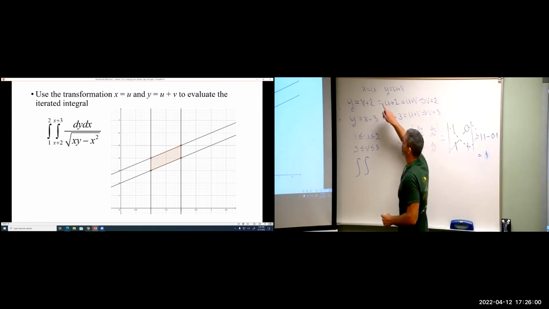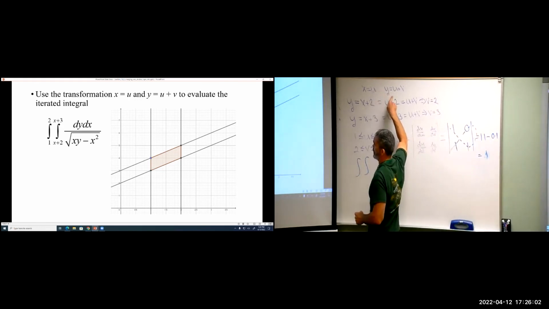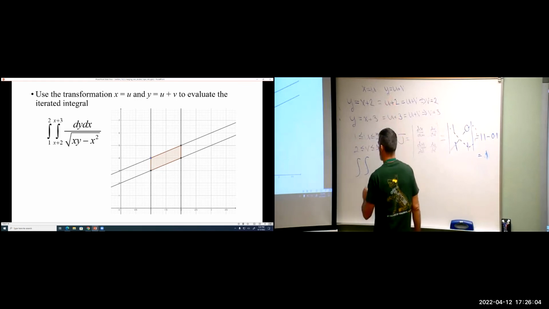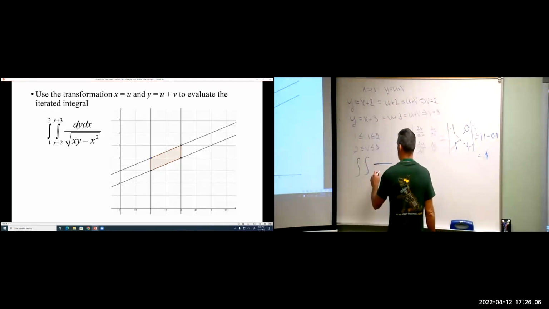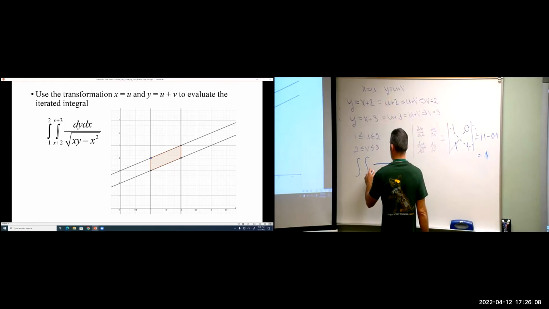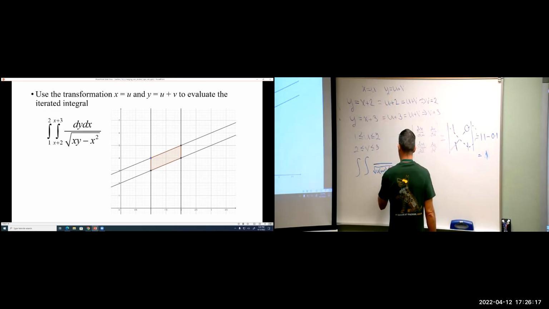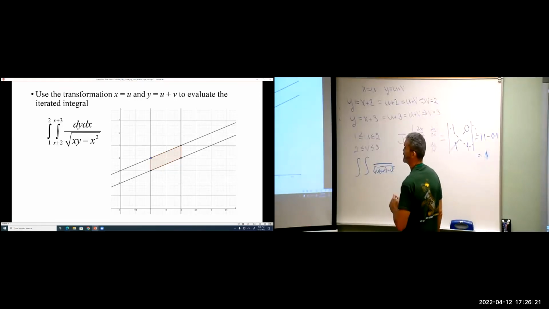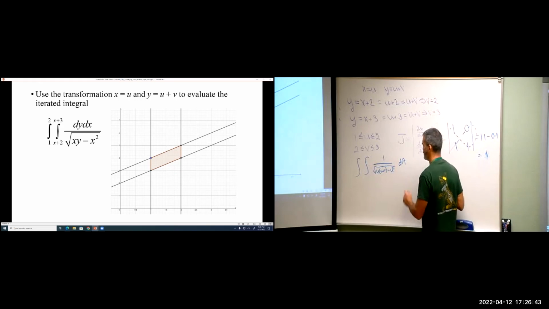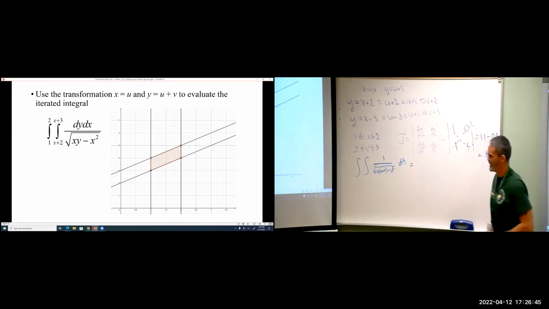So that means we're replacing all the x's with u's and all the y's with u plus v's. So we are going to have square root of u times u plus v minus u squared, dA, and let's simplify this.